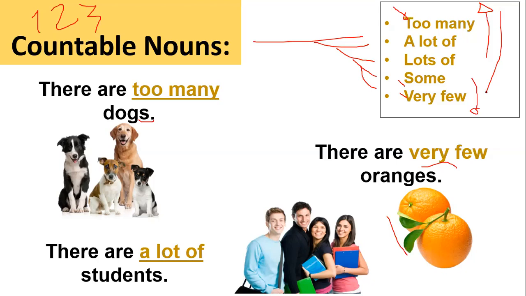Fernanda, can you give us one example with any of the expressions? There are a lot of... I don't know. Yeah, you can invent. A car? Well, no, cars. Exactly. Okay, so there are a lot of cars. Good.